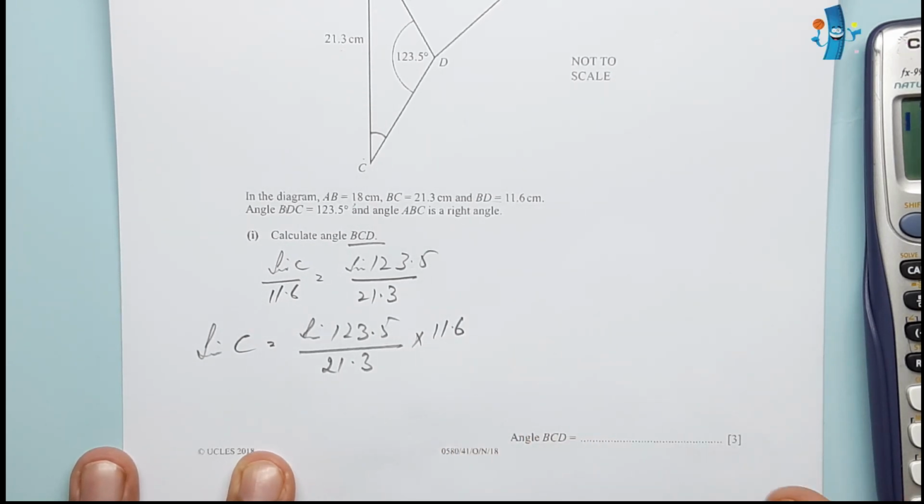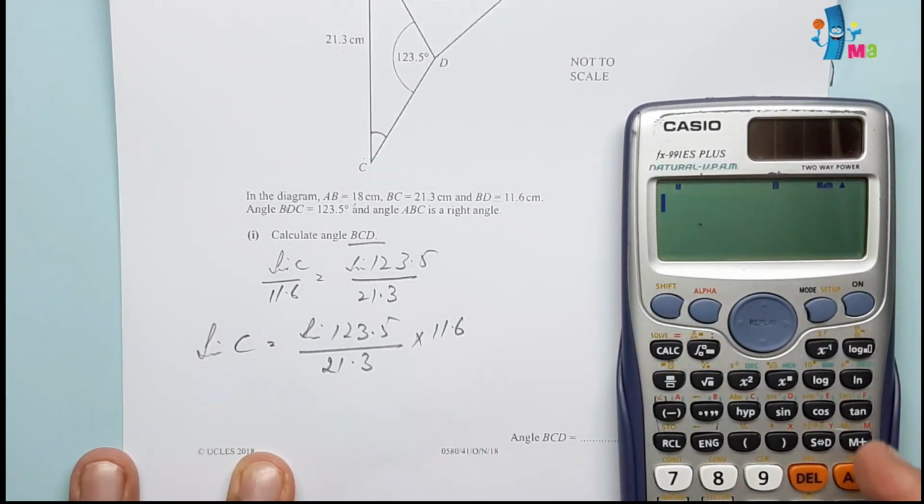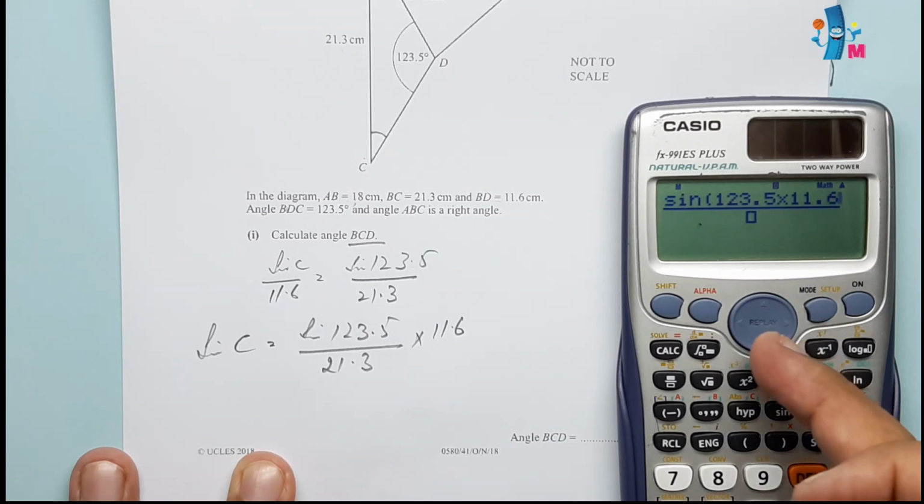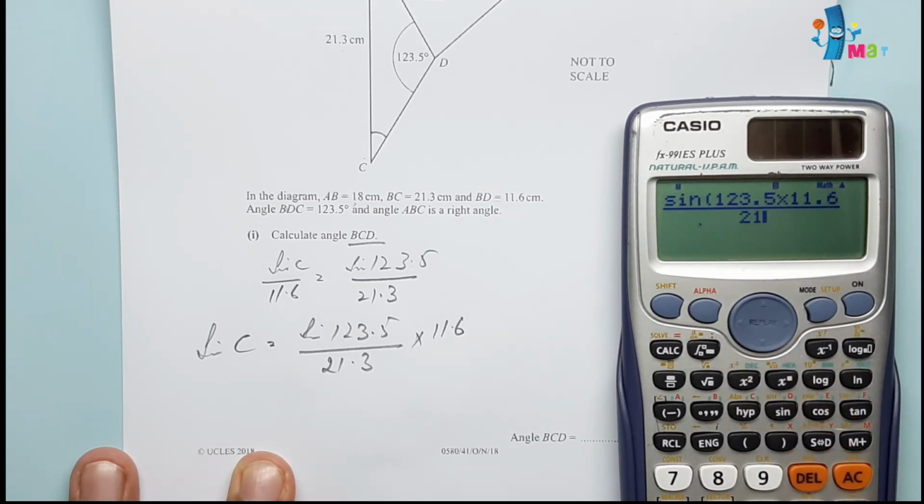So we can calculate first this one. So sine of 123.5 multiply by 11.6 over 21.3. This was giving math error, so I'll retry.